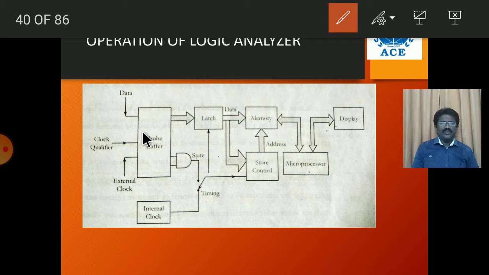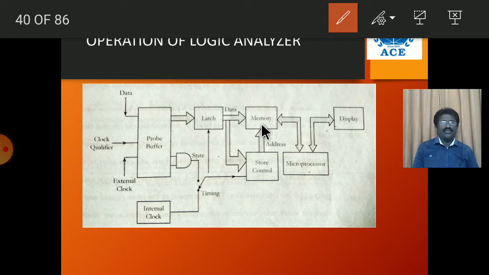This operation is called state analysis. Your logic inputs are stored into memory, this is the memory block, during the rising or falling edge of the clock.